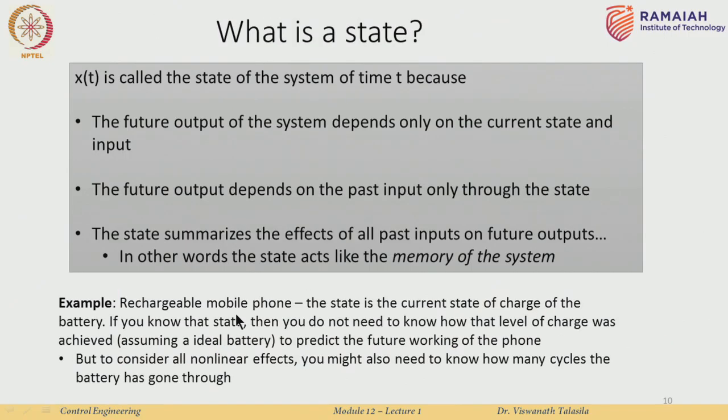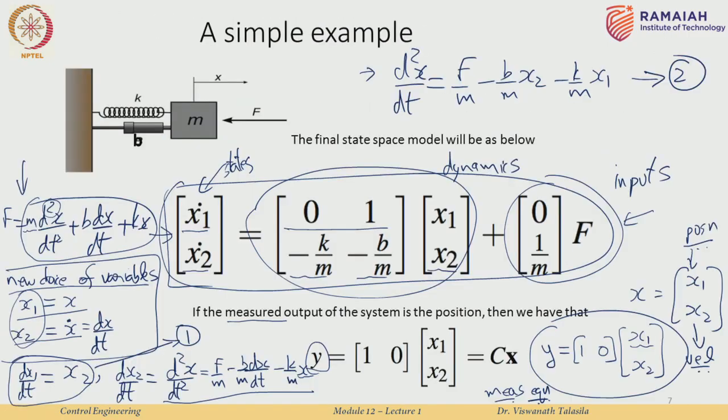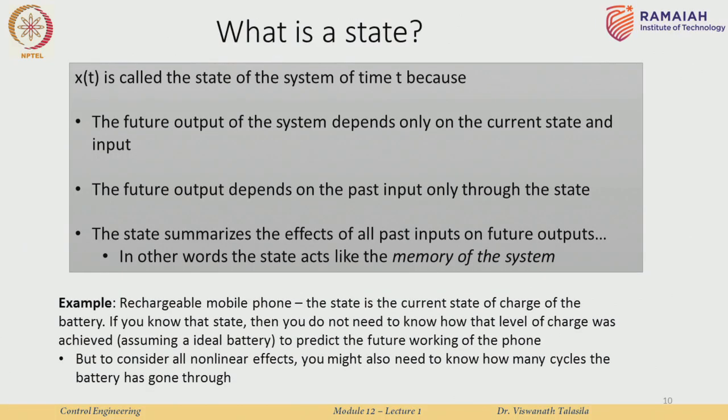So, once we are done with this, we have talked about states of a system, right. For the mass spring damper, we have said that one of the states is the position, the other state is the velocity, and we have done all these derivations over here. We have this model, we have a simulation as well, and so on, but we have not formally defined what the state of a system is, okay.